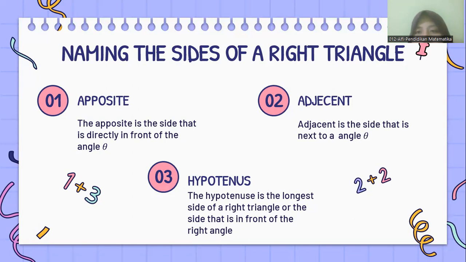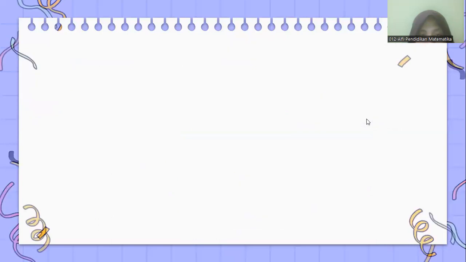Adjacent is the side that is next to the angle. 3. Hypotenuse. The hypotenuse is the long side of a right triangle, or the side that is in front of the right angle. Next.